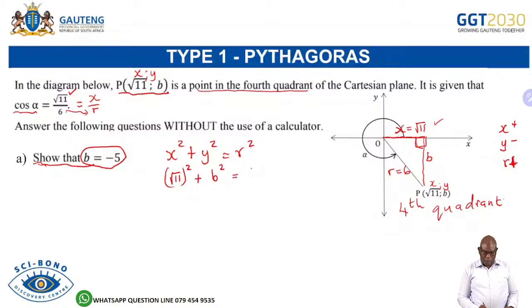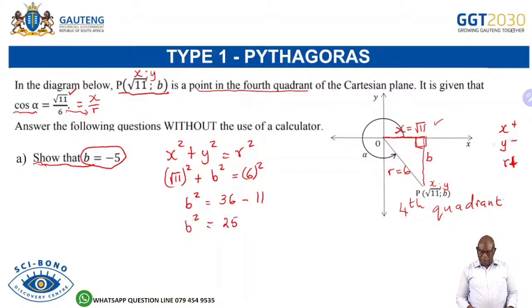My r value is 6 squared. Then I need to get the value of b. So 6 squared is 36. Transpose the square root of 11 squared, which is going to be minus 11. The square root of 11 squared is 11. Then the answer that I get there is 25, which is b squared.